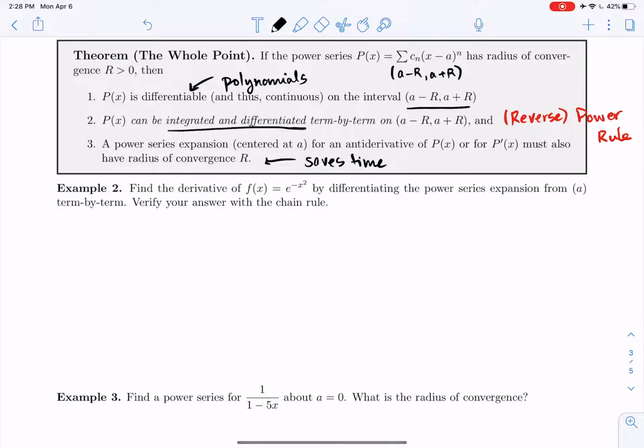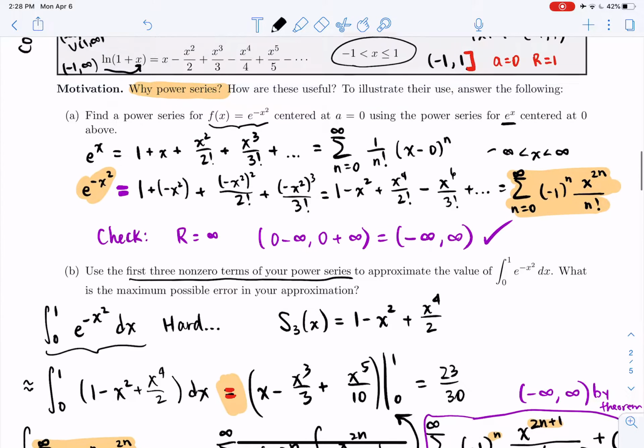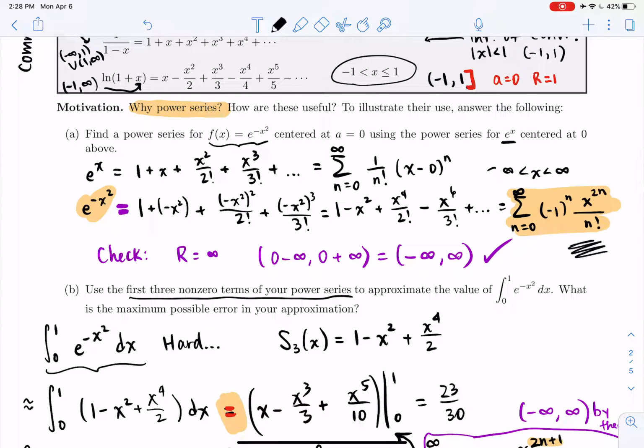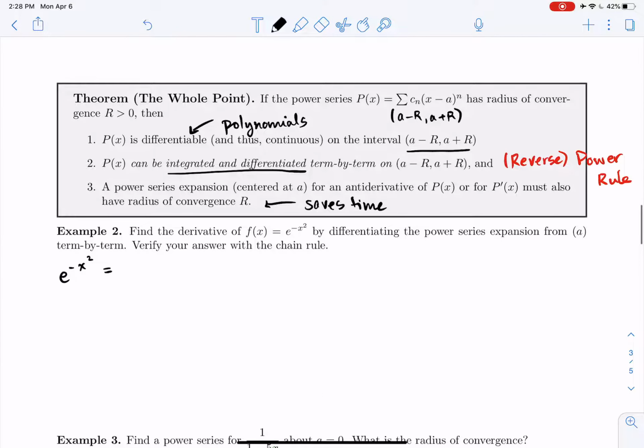We said that e to the minus x squared has a series expansion up here in the orange. So let me copy that. We've got the sum from n equals 0 to infinity of x to the 2n, because our powers are even, divided by n factorial.